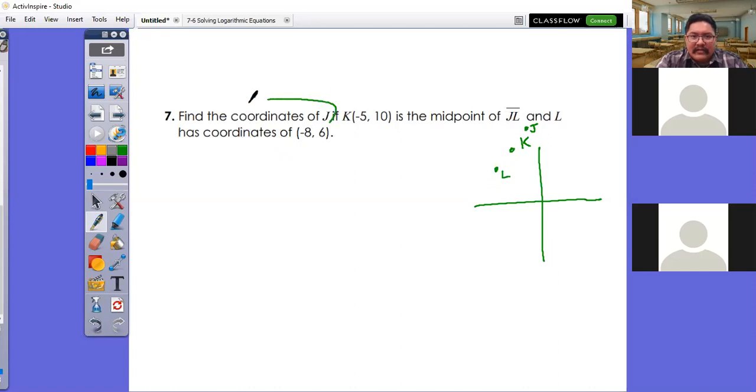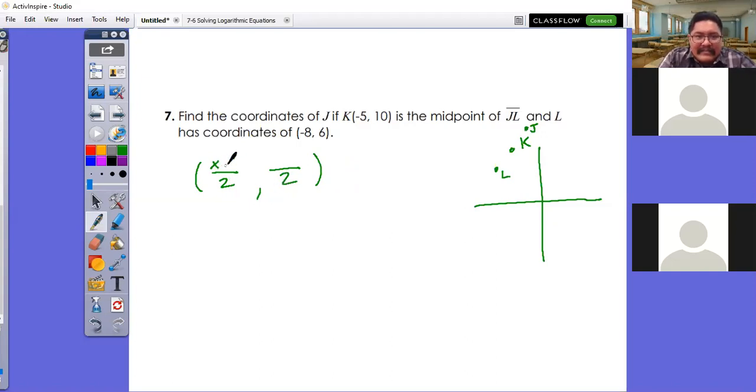It says here, find the coordinate of J. So let's go ahead and use that midpoint formula. So it's a big ordered pair. Big ol' X, big ol' Y. But we're going to have to divide them by 2. It kind of looks like another face again, maybe like big old eyebrows or something.